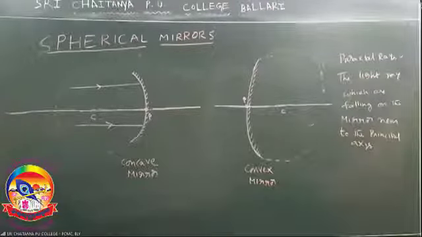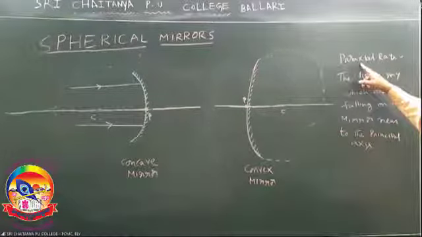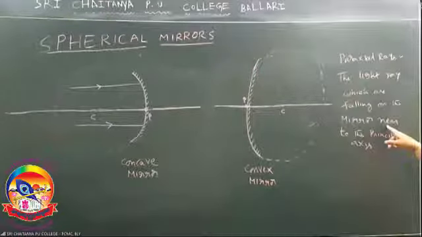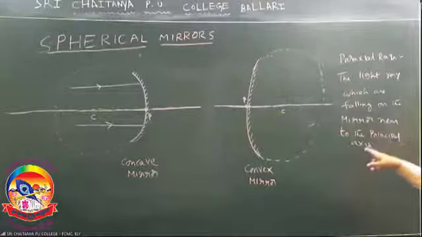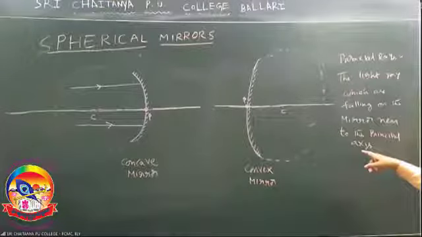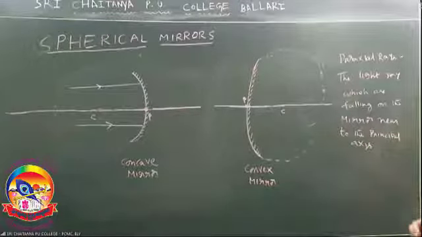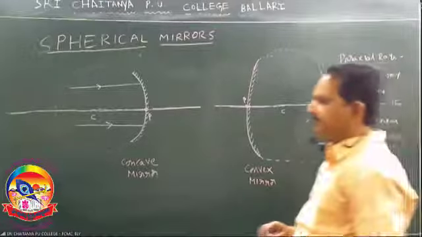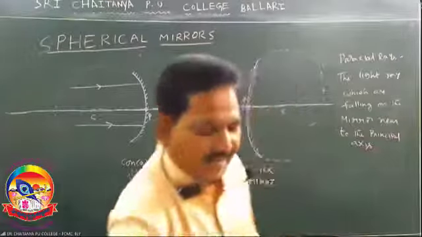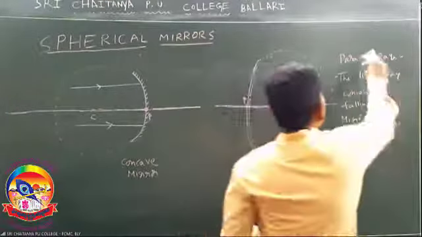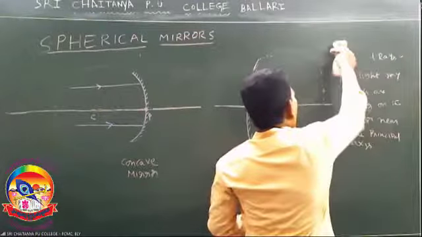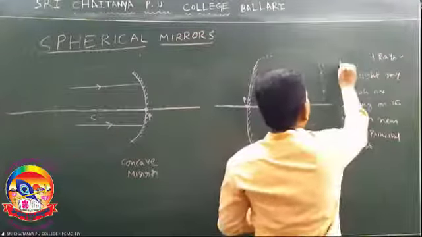Marginal rays, just a reverse. Remove paraxial, write down marginal, away from the principal axis. Those are marginal rays. Only two types of rays we consider in entire optics.